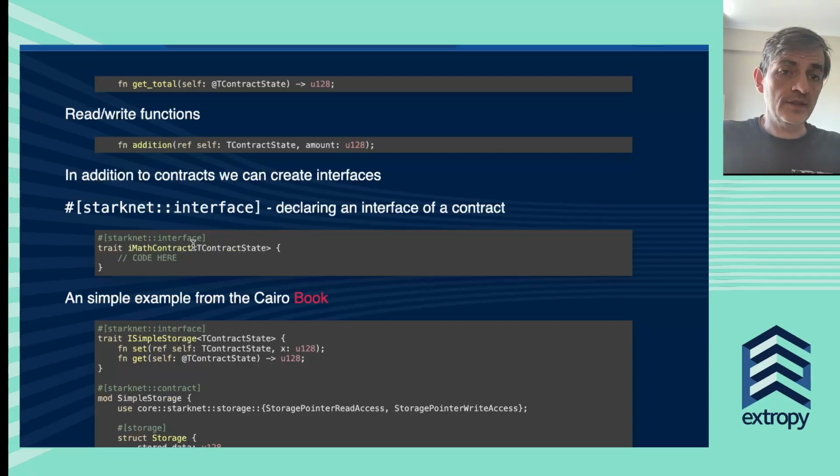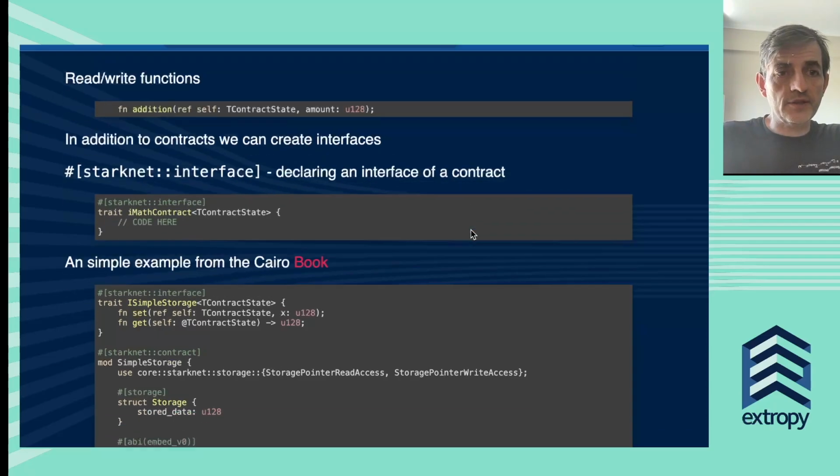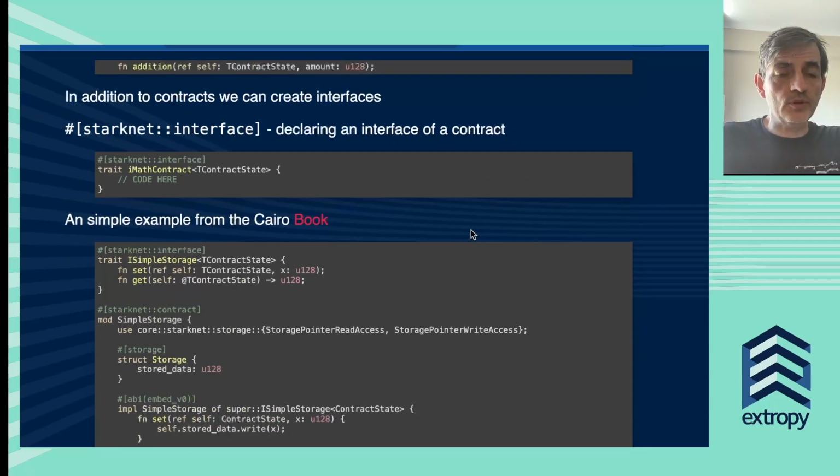And this is parameterized with the T contract state to show that this is going to be a trait to represent a contract. And so within this trait, we could then list out the functions that our contract is going to implement. So let's put all of that together and have a look at a very simple contract.